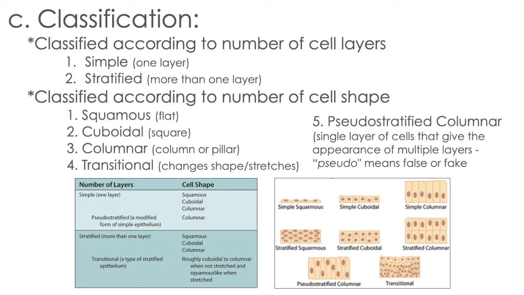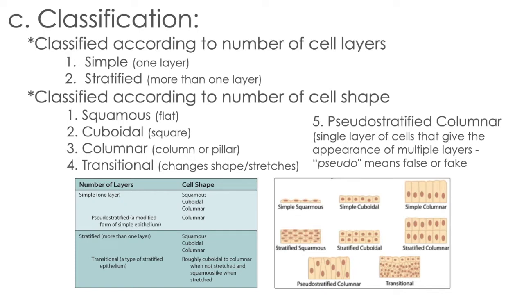And then we have pseudostratified columnar. These are column cells that look as if they stretch out. They're thinner at one part than another. So they look like they have many layers, but as it's real thin in one section and thickens in another section, it just looks like it's at a top or lower section, but it actually is just one layer.